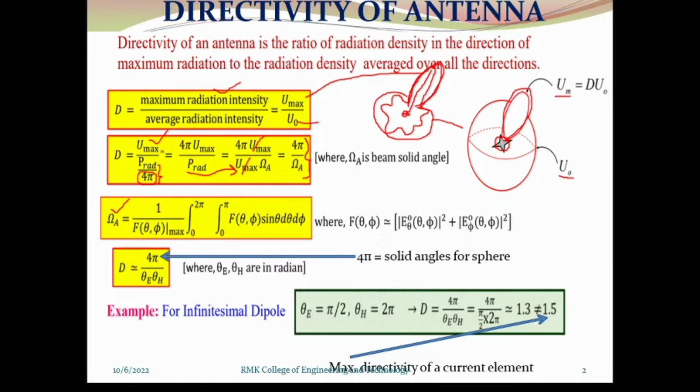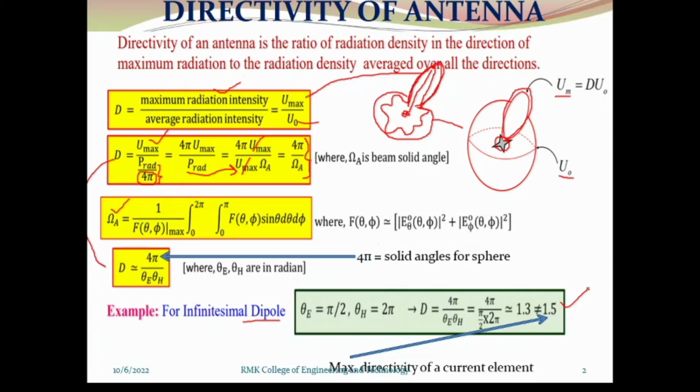In another way, the directivity can be calculated by taking the angular beamwidth components, that is theta E as well as theta H. So directivity can be calculated by taking 4 pi by theta E into theta H. That is the beamwidth with respect to the electric field and the beamwidth with respect to the magnetic field, that is with respect to theta and with respect to phi. Right. So now the optimum value of the directivity for the dipole antenna is 1.5.